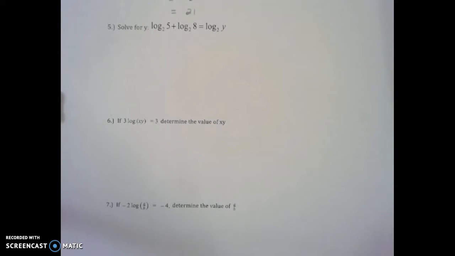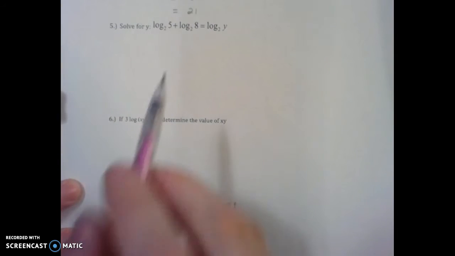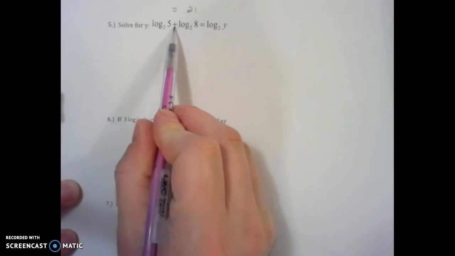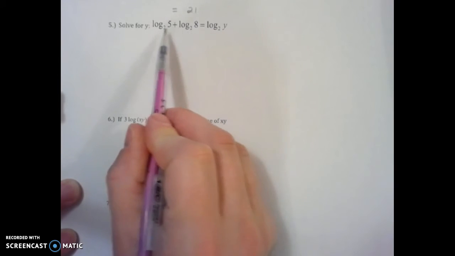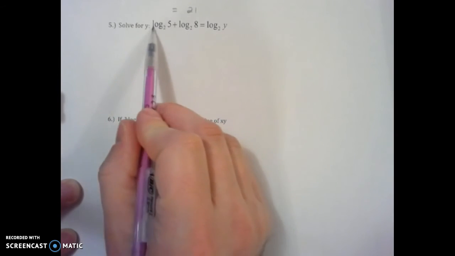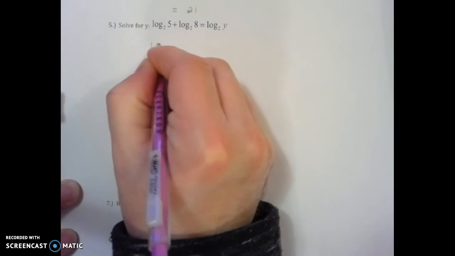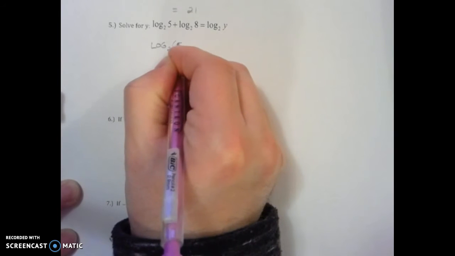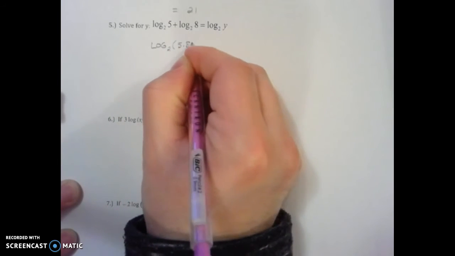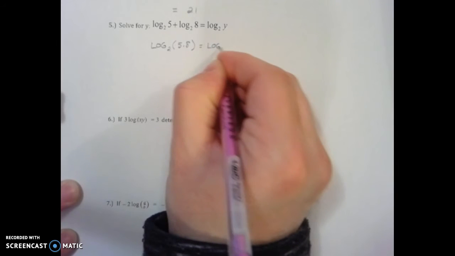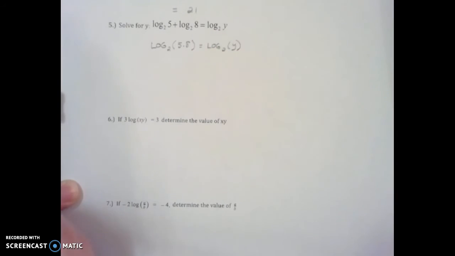In example 5, I'm asked to solve for y, and I know that log base 2 of 5 plus log base 2 of 8 is equal to log base 2 of y. And in order to help me figure out what the value of y is, I notice here that I have a sum, and they have the same base of 2, so this is actually my product rule, and I'm going to rewrite this as a logarithm with a product. This is going to turn into log base 2 of 5 times 8, which is going to be equal to log base 2 of y.